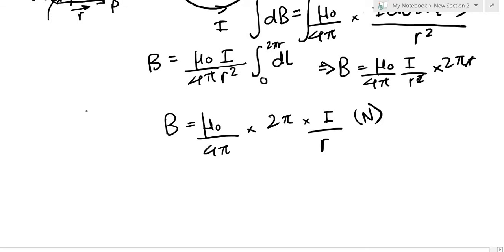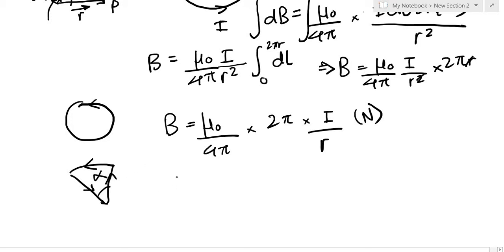Now this result was for a circular loop of wire, but instead of a loop, say someone tells you to find the magnetic field at the center of something like the sector of a circle, and you have an angle alpha.